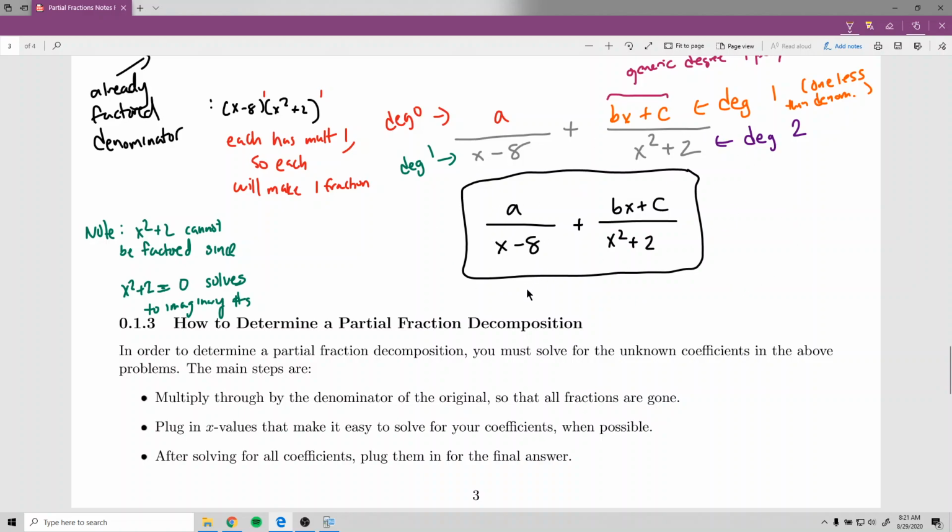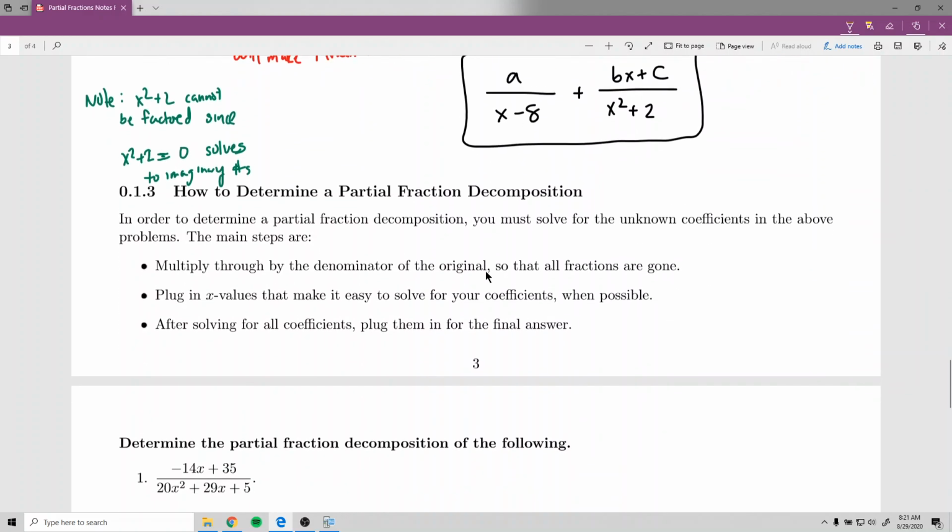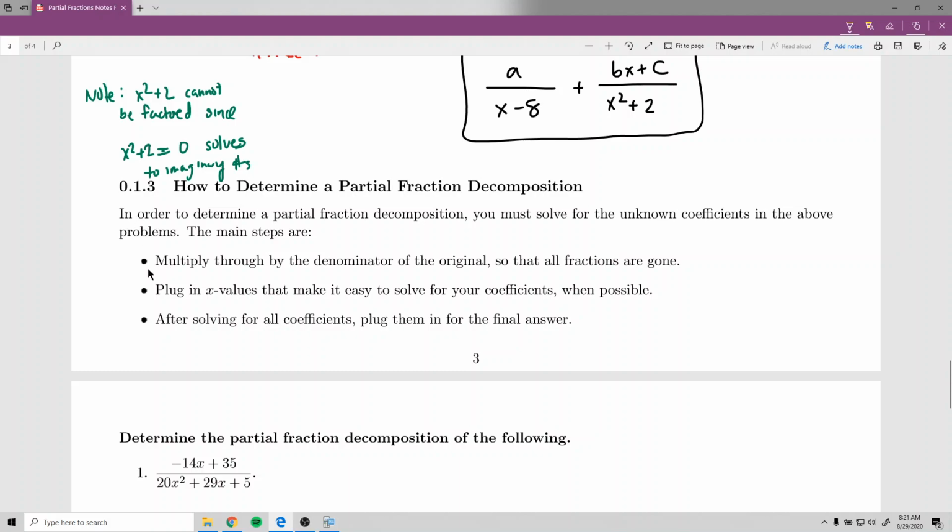But I just do it the way that is simplest for me. All right, so the first thing you have to do when you want to solve, this is pretty much the standard for everyone, is multiply through by the denominator of the original so that all the fractions are gone. Pretty much everyone will do this.